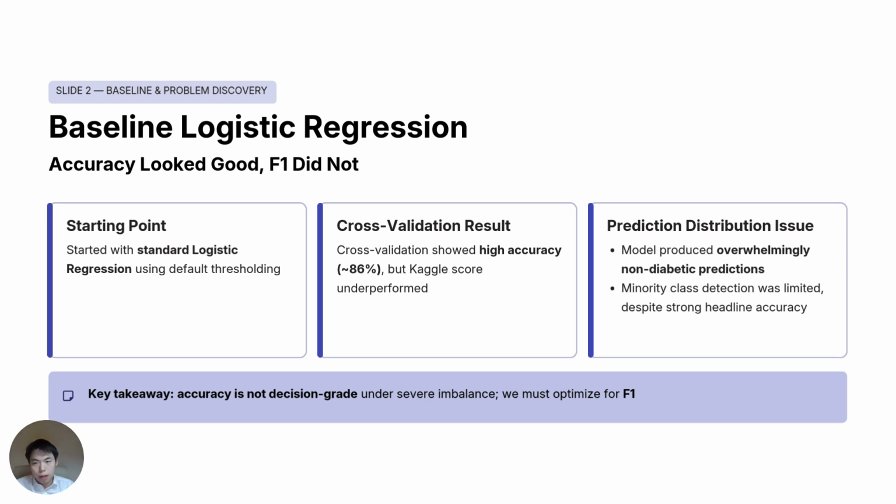I found it predicted almost everyone as non-diabetic. In other words, it achieved high accuracy mostly by following the majority class. So with an imbalanced dataset, accuracy is misleading, and a model can look good while being practically useless. From that point on, I focused on F1, not accuracy.